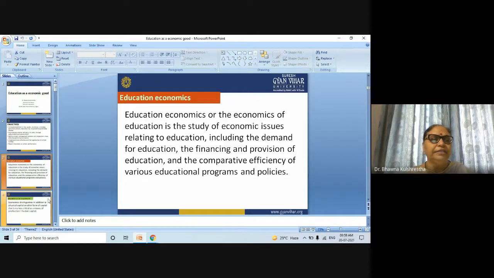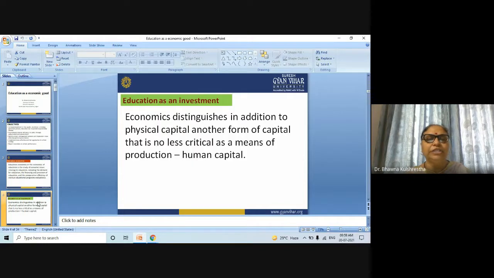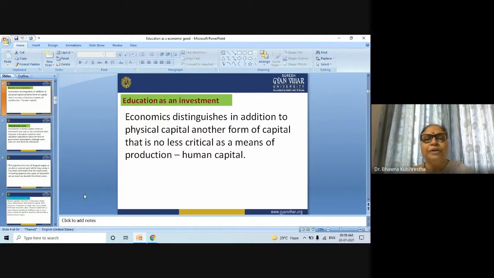And the next is education as an investment. Economists distinguish, in addition to physical capital, another form of capital that is no less critical as a means of production: human capital.